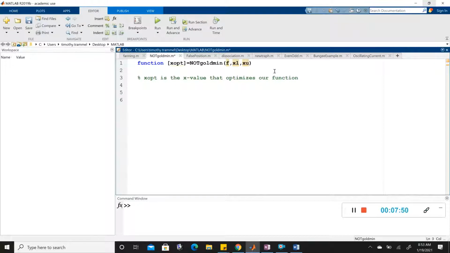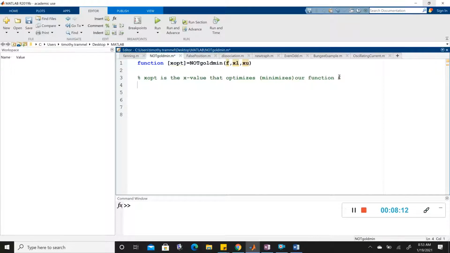So I'm going to actually even write in parentheses, okay, that looks good. And then, of course, f will be the function that we're trying to optimize. So I'm going to just say function f.